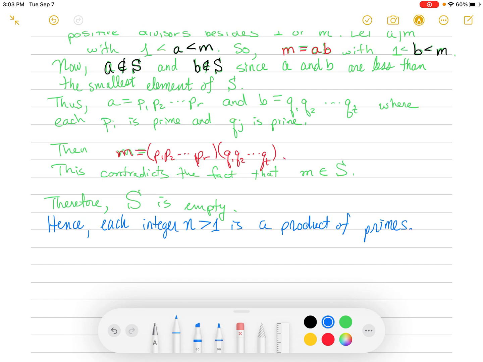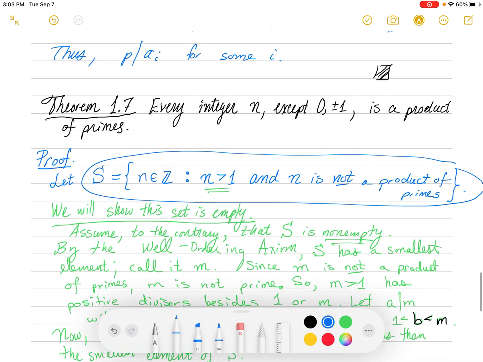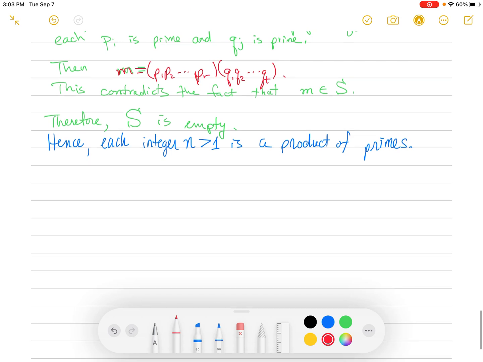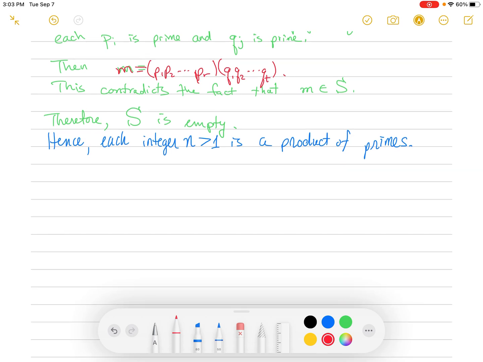Now, this only proves it for positive integers. Remember, we want to prove this for every integer besides 0, plus or minus 1. So we need to prove this for the negatives that are smaller than negative 1. So let's prove it for the negatives that are smaller than negative 1.